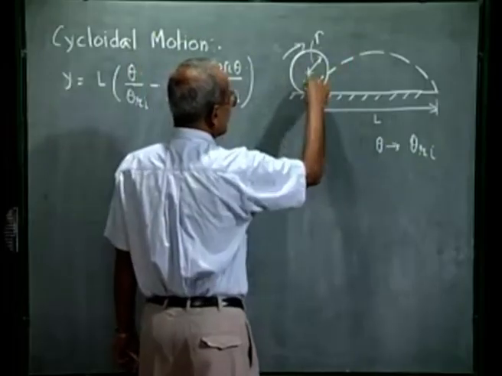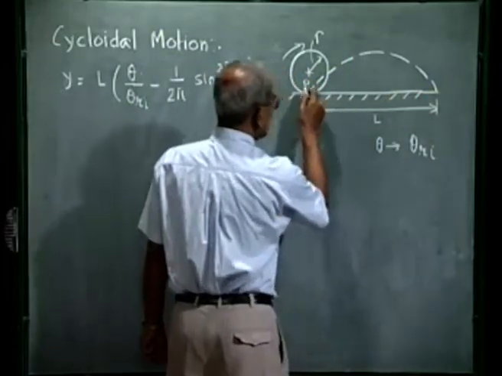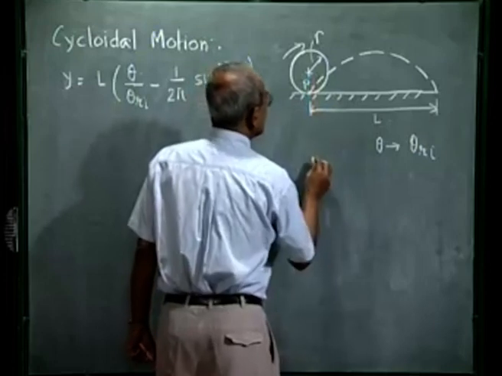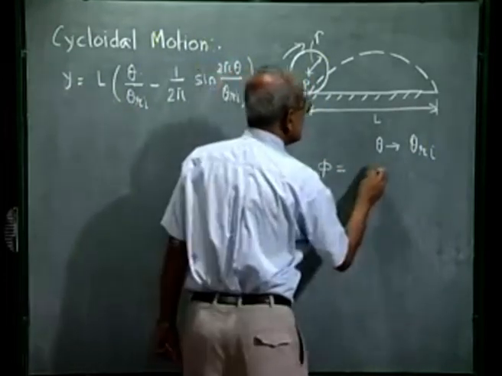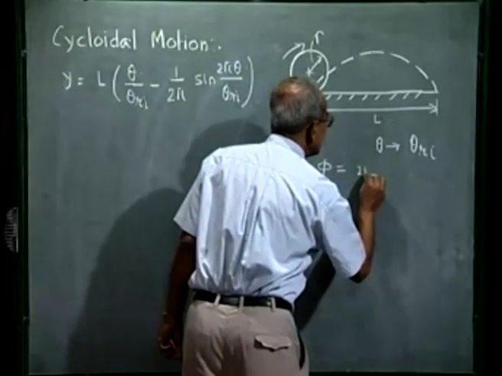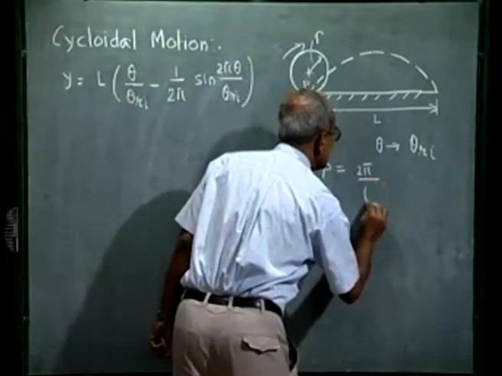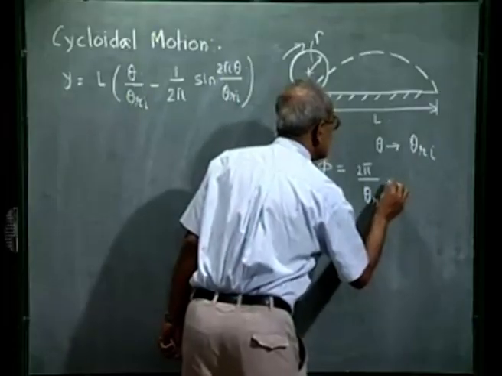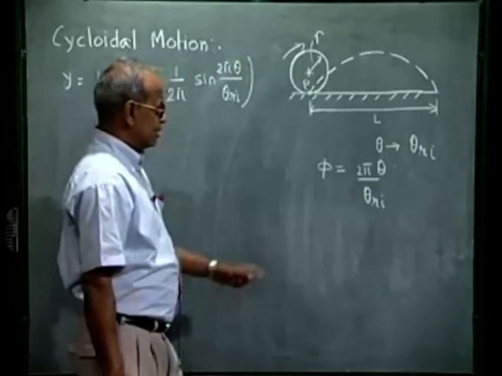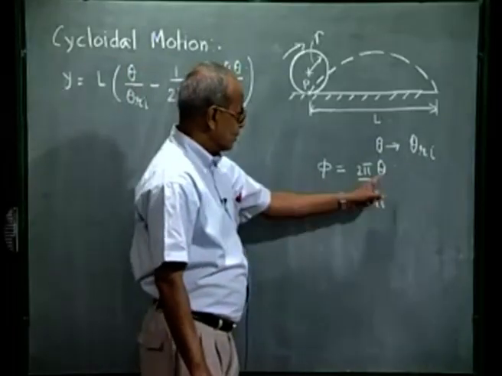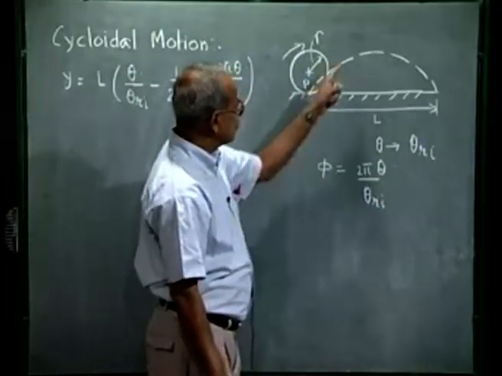And the wheel rotates from here to there by 2 pi. So wheel rotation, if I denote it by phi, then phi corresponding to theta will be 2 pi by theta Ri into theta. When theta is 0, phi is 0. When theta is theta Ri, phi is 2 pi.